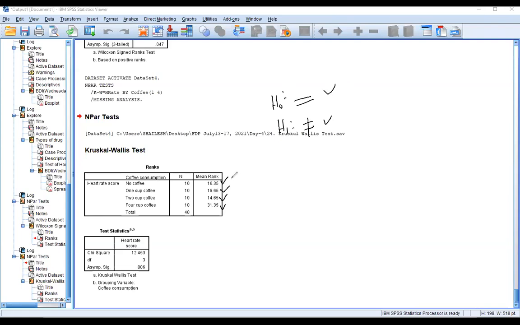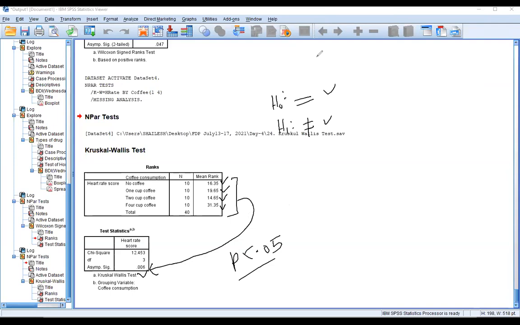But whether this difference is significant or not, the p-value tells us, and the p-value is 0.06, which means less than 0.05. It means there is a significant impact. It means we can say coffee consumption increases heart rate score. But here we cannot use the post-hoc analysis technique.